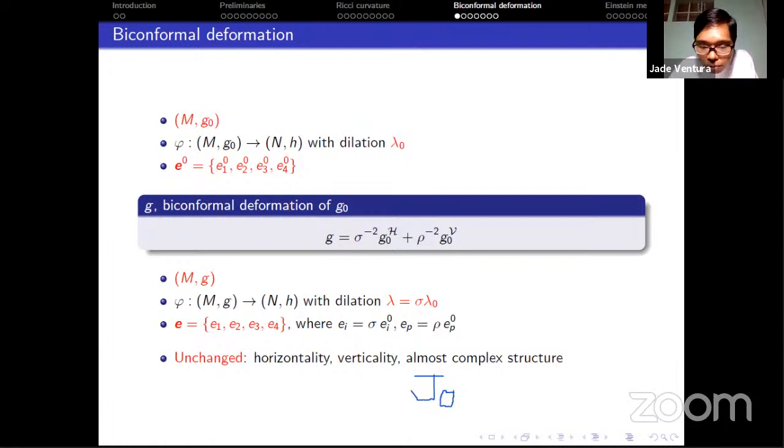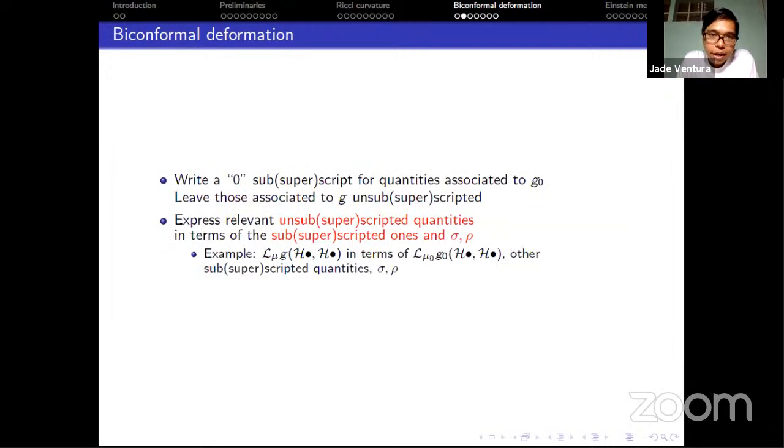Associated with the deformed new metric G are the almost complex structures J. It turns out that these are the same. So notice that there are zero subscripts or superscripts in the earlier slide.